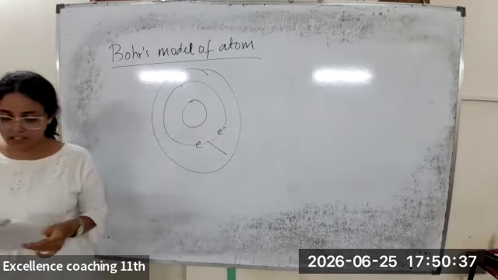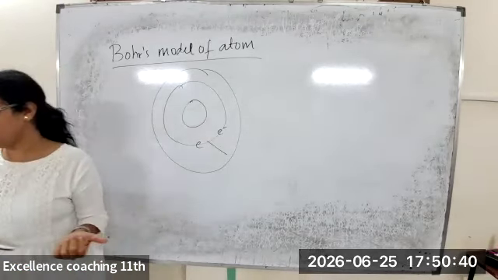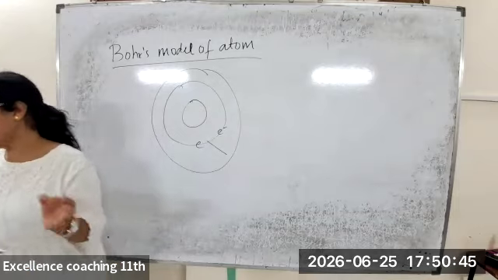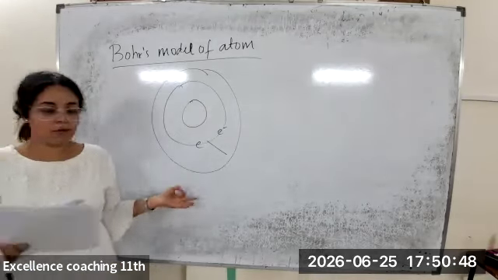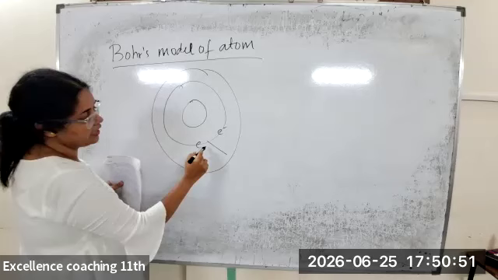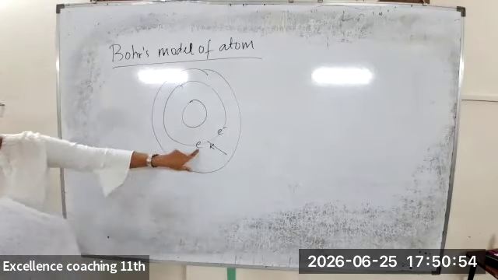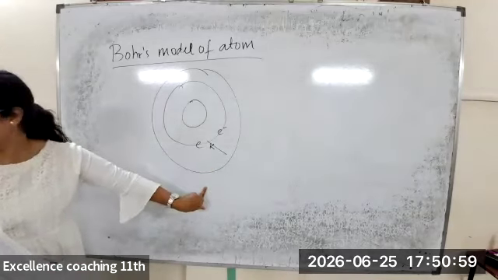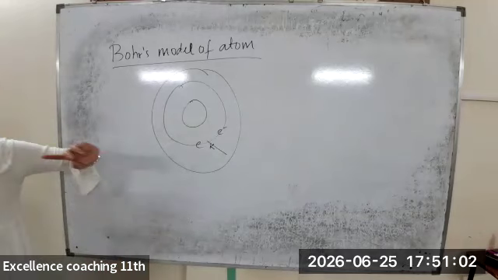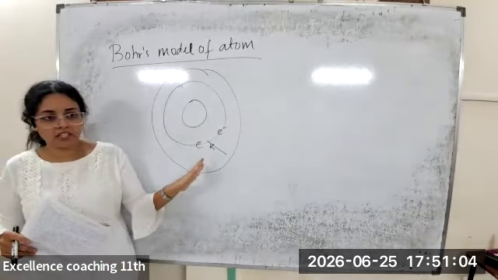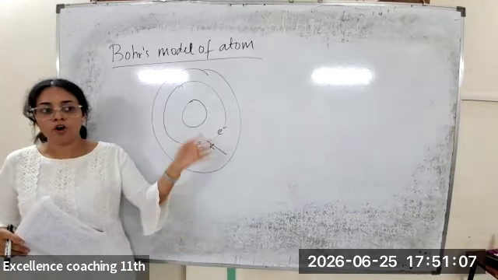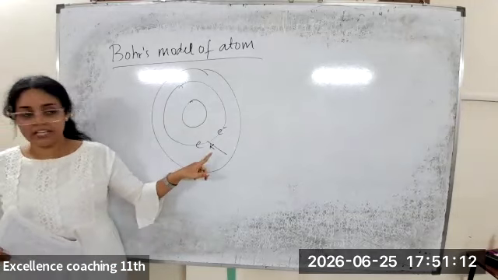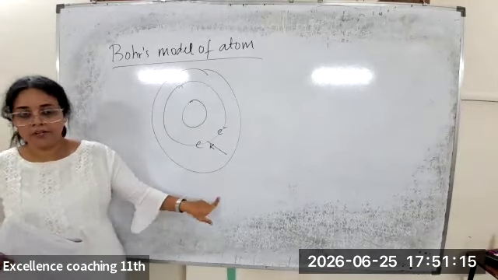The third one: different stationary levels, or stationary orbits or shells, are represented by capital letters K, L, M, N, corresponding to the shell numbers 1, 2, 3, 4. If I have this particular shell, this will be the K shell, then I will have L, then M, N, and so on. So he gave alphabets to these orbits, and he also gave numbers: this will be 1, this will be 2, this will be 3.